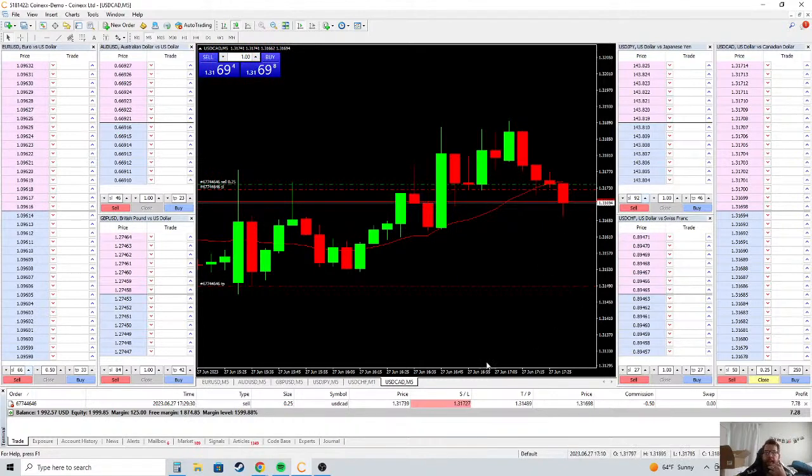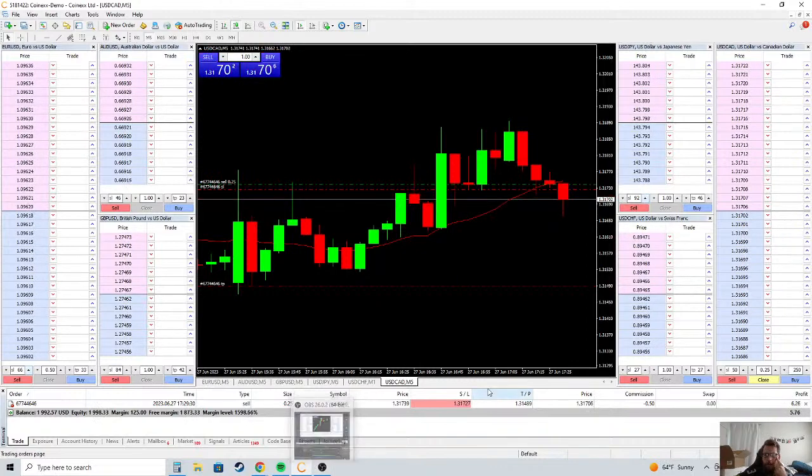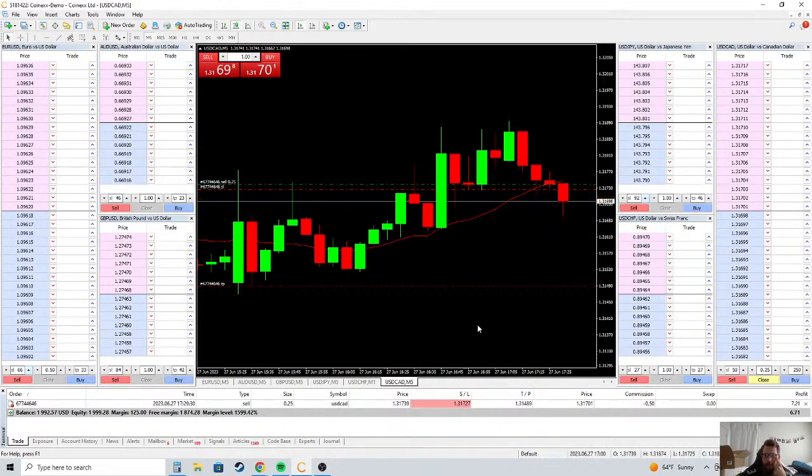Not much is happening yet. Which means I don't think it will. So when we can, we're probably just going to look at closing this trade once we kind of break even.